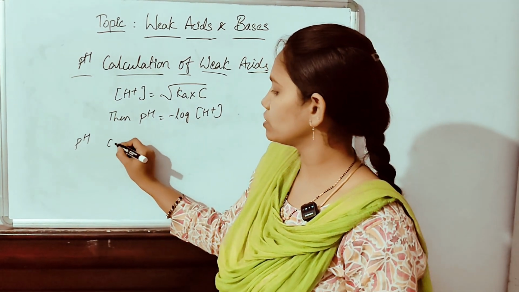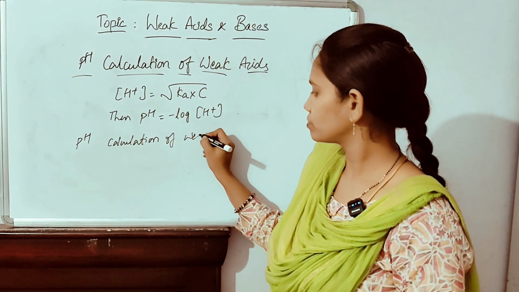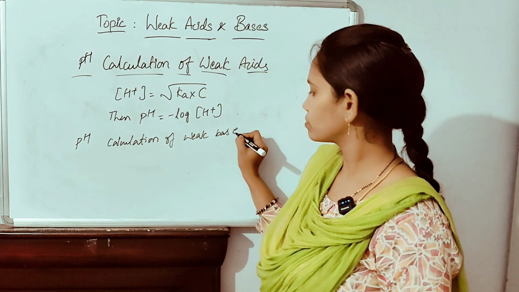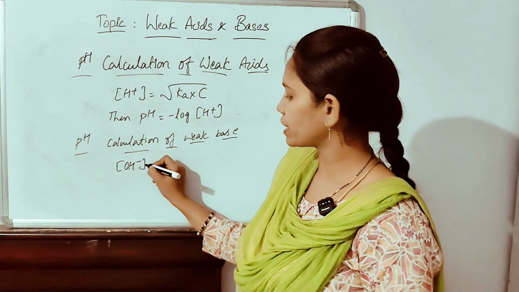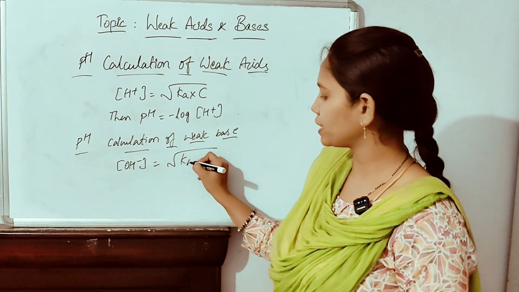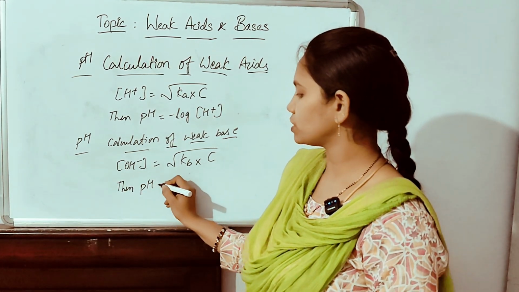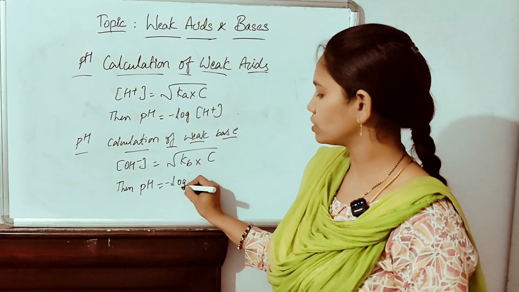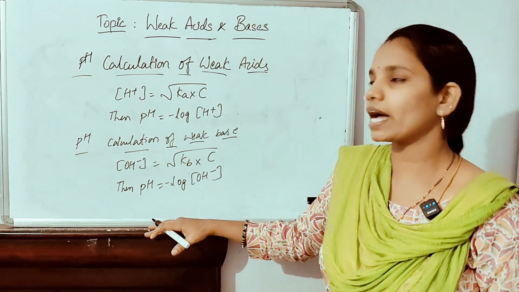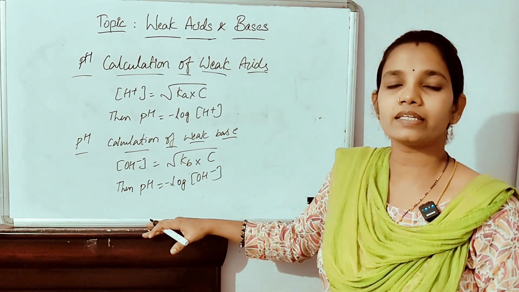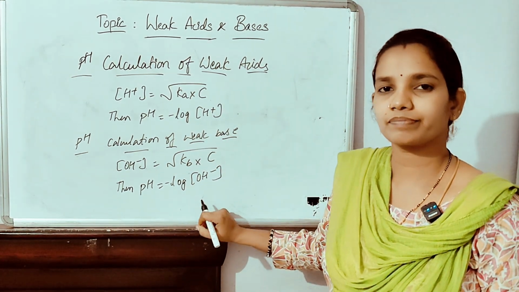Now the calculation for weak base. Concentration of OH minus ions is equal to square root of Kb into C concentration. Then pOH is equal to minus log concentration of OH minus ions. Now these are the formulas we have to use when calculating the pH of weak acid and weak base.